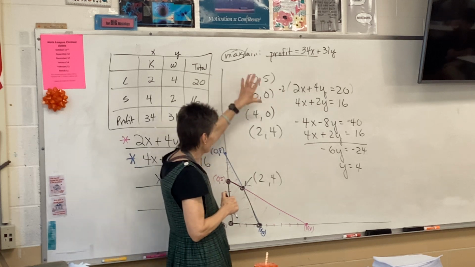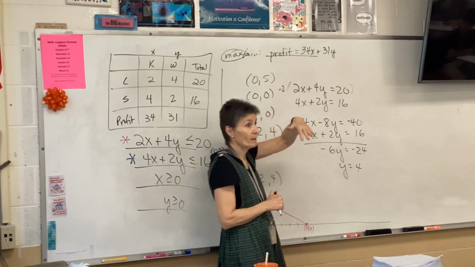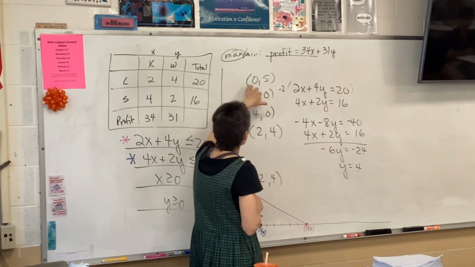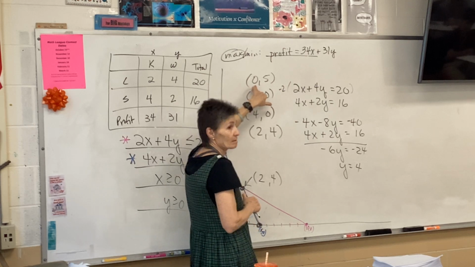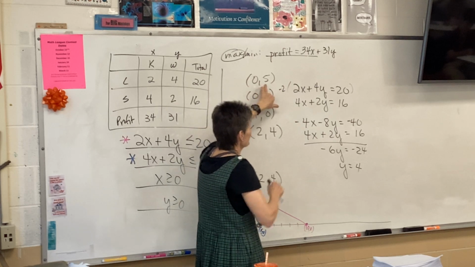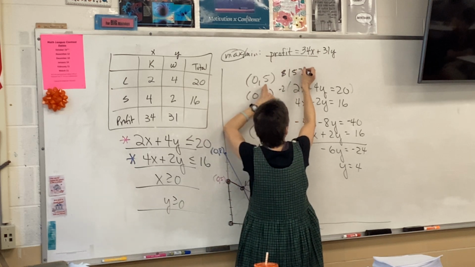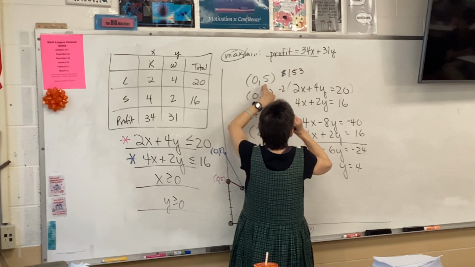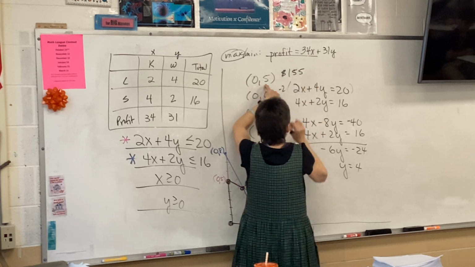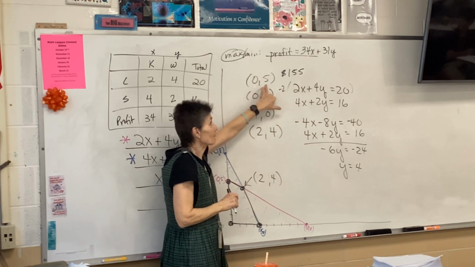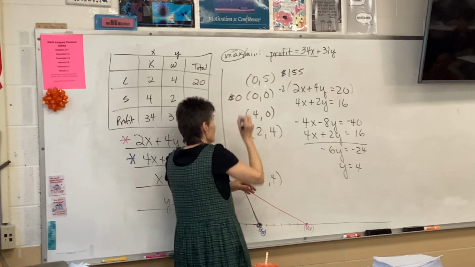Now I take all my points and see what the profit is at each point. So if I don't make any knits but 5 worsted, my profit will be 155. If I don't make anything, my profit will be 0.